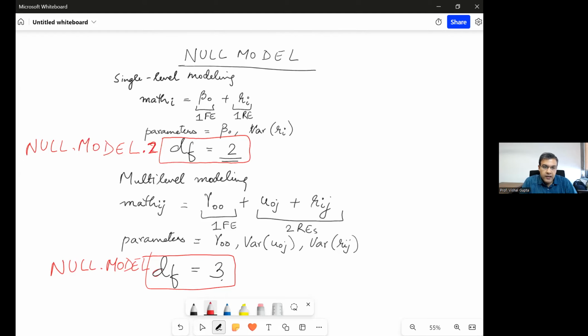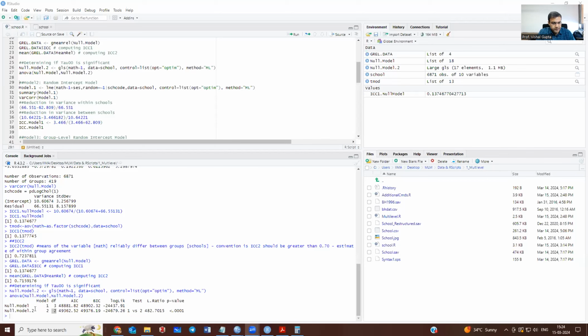So if I go back to my output, you see it says null.model has a df of 3 and null.model.2 has a df of 2. And so the difference is delta df.